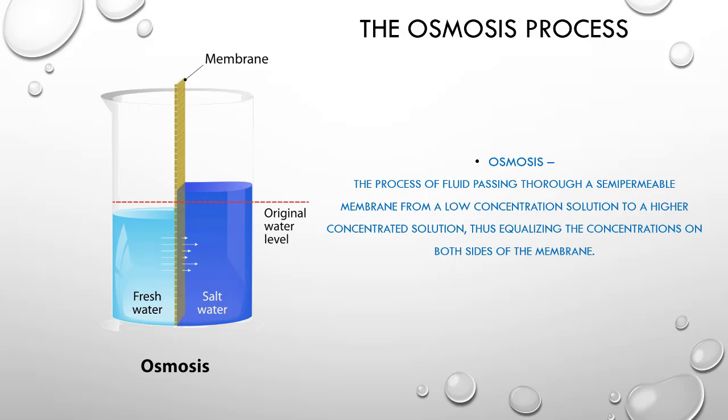What will also occur by the end of this phenomenon is that the higher concentration side will also have a higher level of water due to this movement. The higher level is referred to as the result of osmotic pressure.